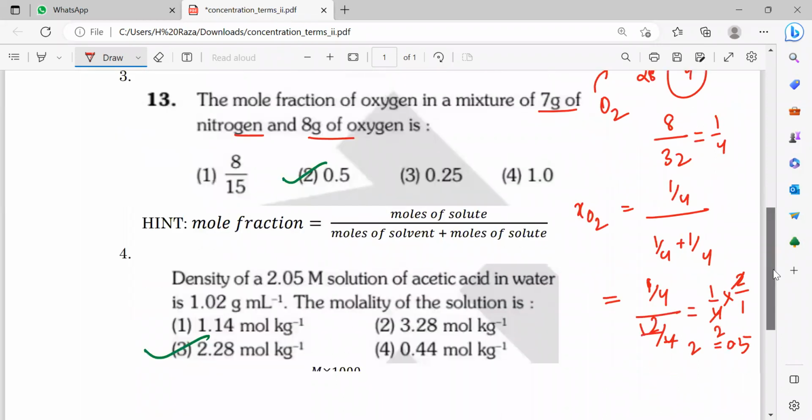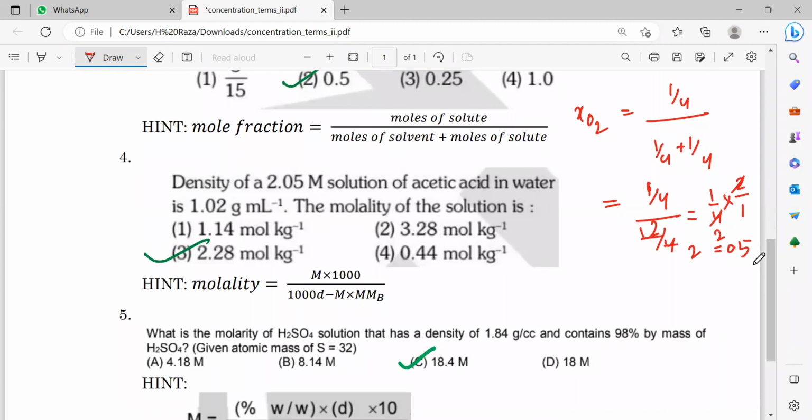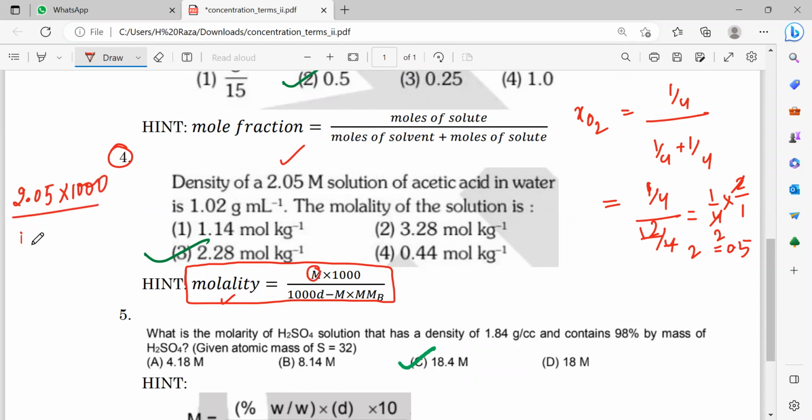That's good. And for this one, you didn't solve it. No, sir, I couldn't understand this. See, first of all, the formula is also given. Molality you need to calculate. Molarity here is given. What you needed to do is 2.05 into 1000 upon 100 into 1000 into density, which is also given, 1.02.